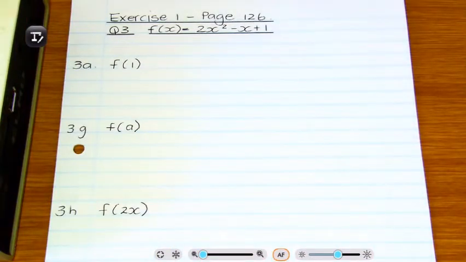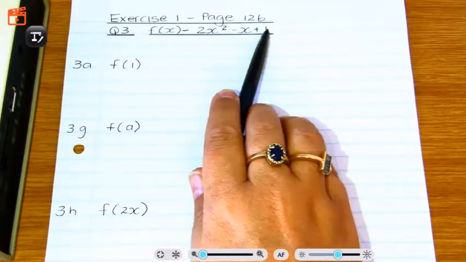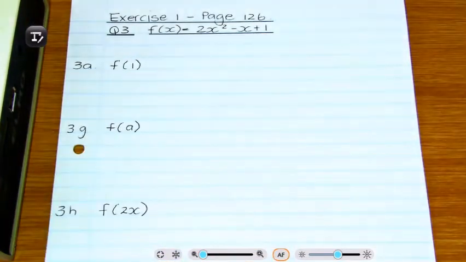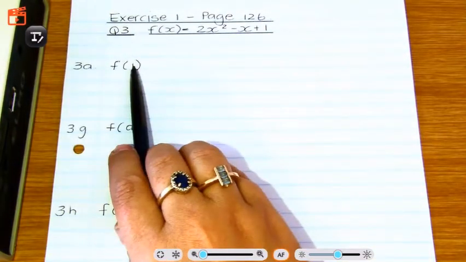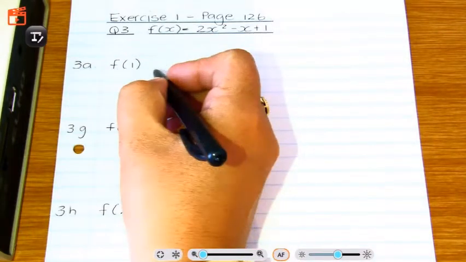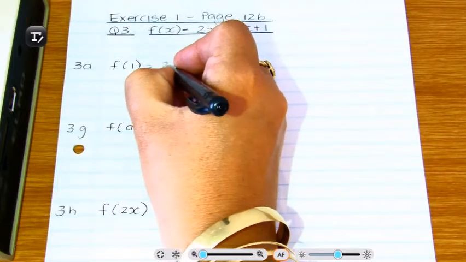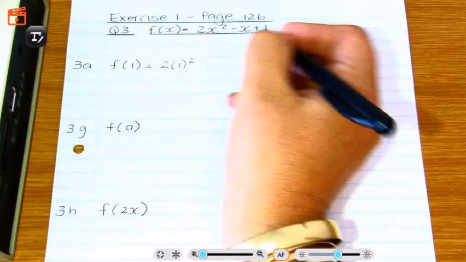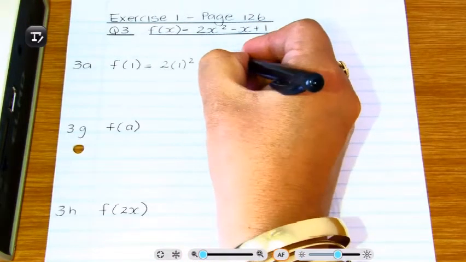They want you to replace the x in this function with a 1. So in essence it's just substitution. Wherever we see an x, we replace it with a 1. So f of 1 is equal to 2, instead of x, replace it with a 1, close bracket, squared, minus, instead of x, a 1, plus 1.